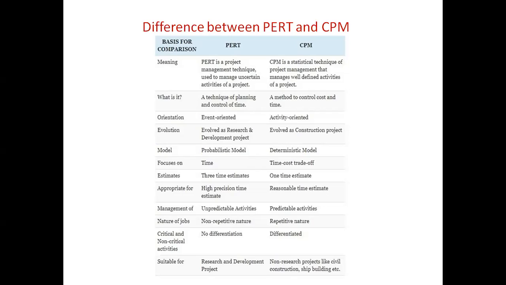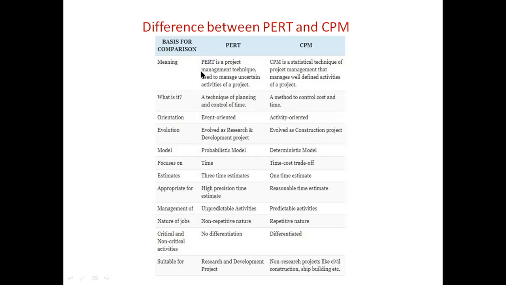As we know, PERT means Project Evaluation and Review Technique, whereas CPM is Critical Path Method. PERT is a project management technique used to manage uncertain activities of a project, whereas CPM is a statistical technique of project management that manages well-defined activities of a project.